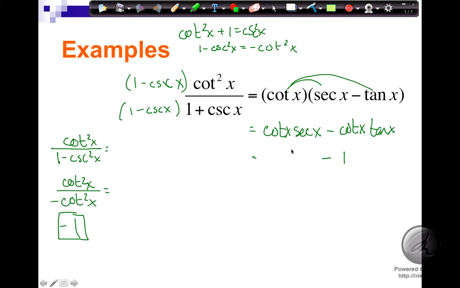Well, okay, cotangent is cosine over sine, and secant is 1 over cosine. So that means my cosines cancel. And I get 1 over sine minus 1. That doesn't really look like anything yet.